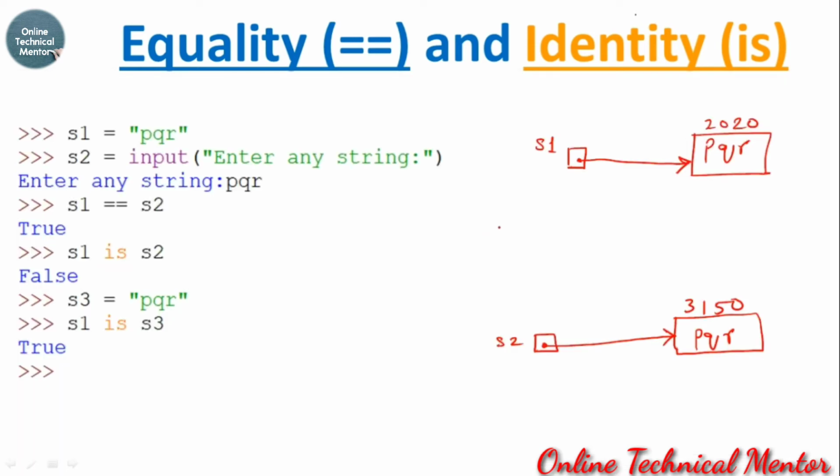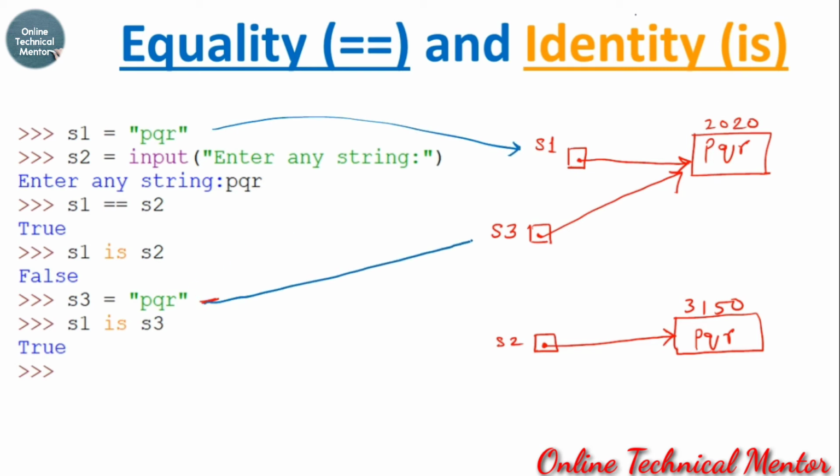When you are again creating another object and PQR is initialized over here, this is pointing to the previous PQR that has already been created, which is located at 2020. So when the objects are initialized by a string, this is happening. When you are receiving the same string through console input, this other thing is happening.